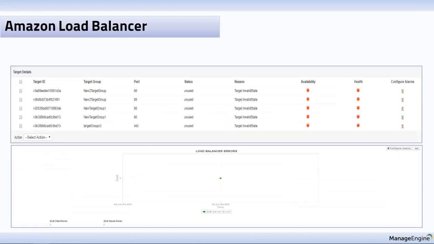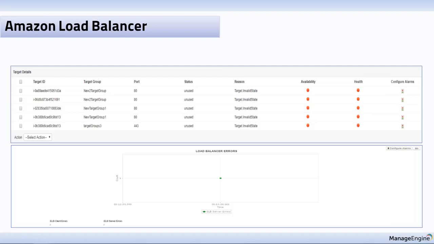Now, in the AWS Monitor, we also have a load balancer, which is more like a clustered environment where we have various resources like network-based load balancers as well as application-based load balancers.